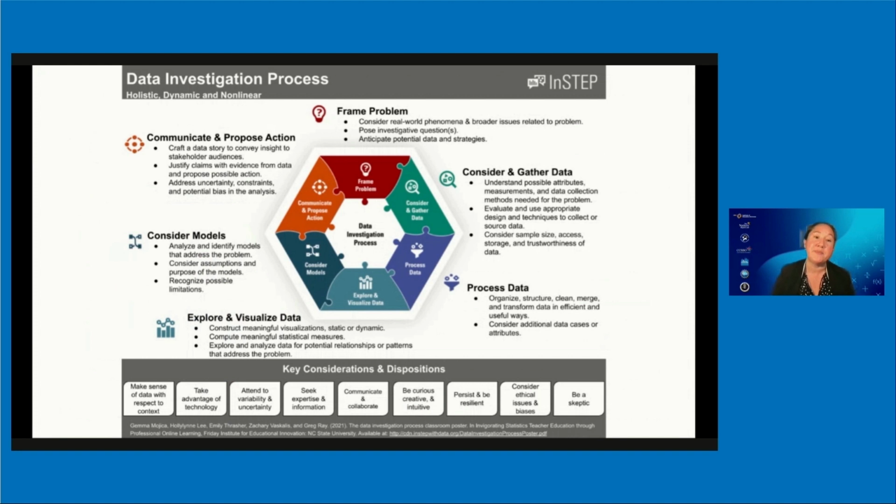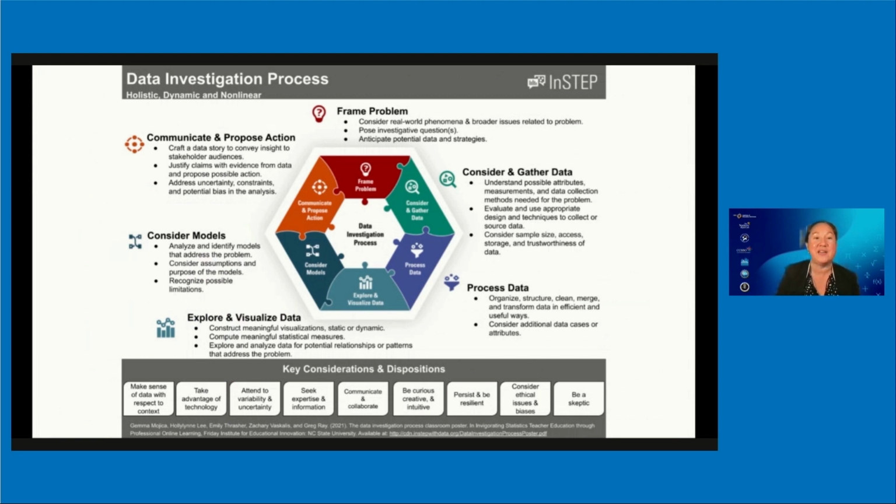So while I talked about these 6 phases of a data investigation process, and it seemed like a very cyclic or linear way, our team that has built on the works of others in this process want to emphasize that we've chosen a model that looks like a puzzle piece to indicate that this is a very dynamic process and you don't necessarily start in one place.